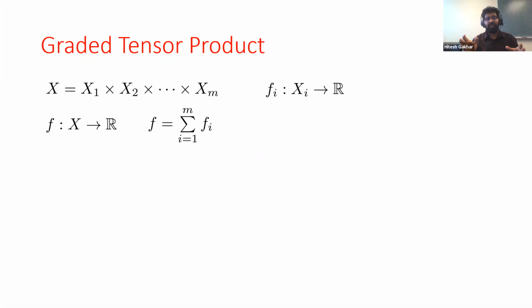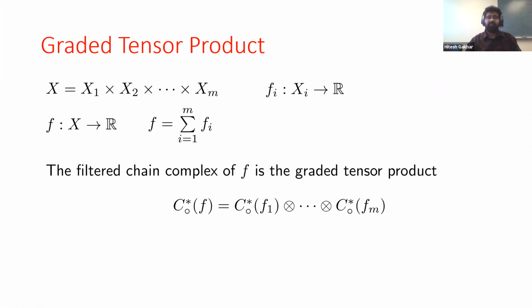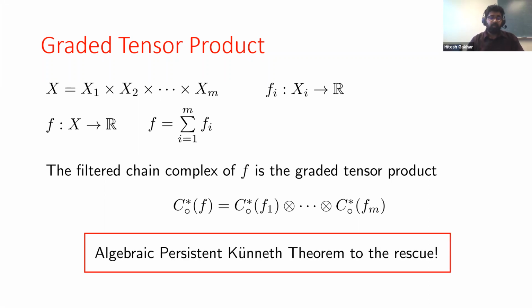If you have a product manifold x1 through xm, and you have Morse functions from xi to R, and you define this function from this product to R as the sum of the individual functions, which is essentially what happens at the level of alkanes, then the filtered chain complex of F is the graded tensor product given by this. Now, the graded tensor product is essentially what happens in the algebraic persistent Künneth theorem. So that comes to the rescue.